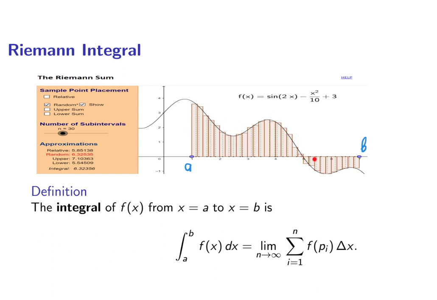Similarly, the sum of the areas of rectangles below the x-axis will approximate more and more closely the total area below the x-axis but above the curve. So the definite integral is the total area above the x-axis minus the total area below the x-axis.